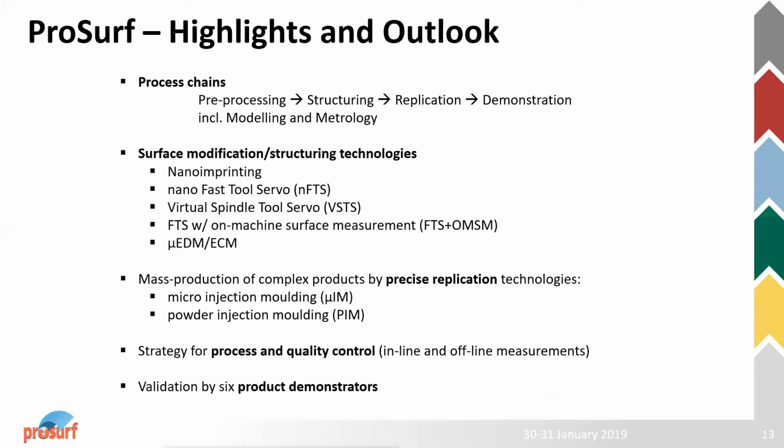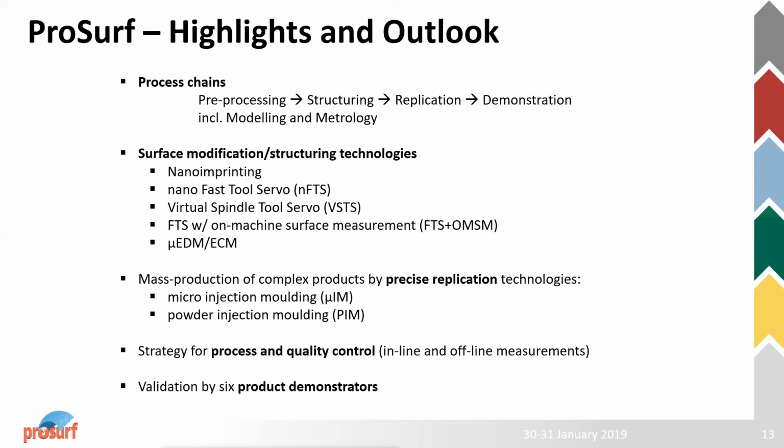We have introduced, optimized and developed further some of those technologies, like nano imprinting, diamond machining, fast tool servo techniques in various ways, and also the micro-EDM, micro-ECM technology for improving the powder injection molding on the molds in that area.